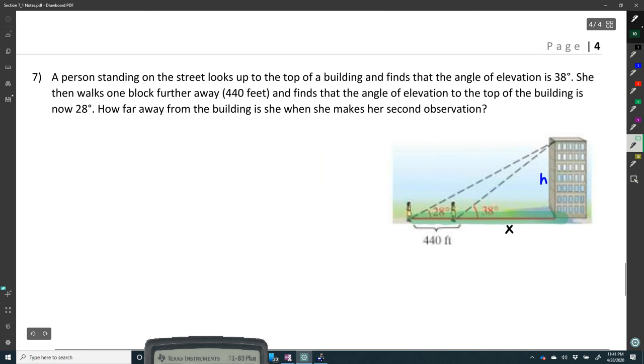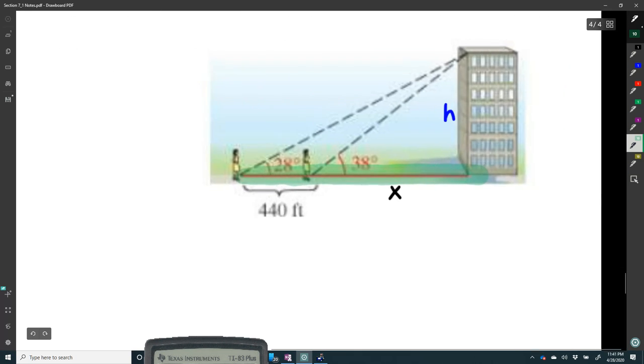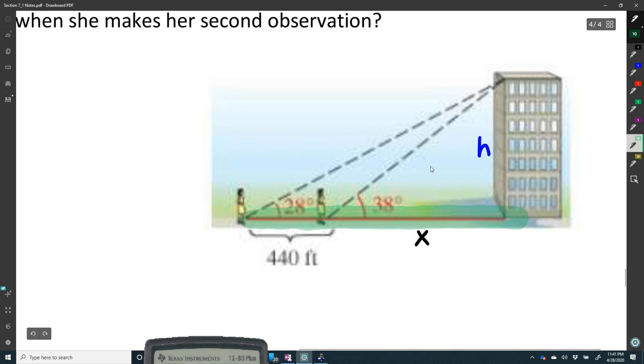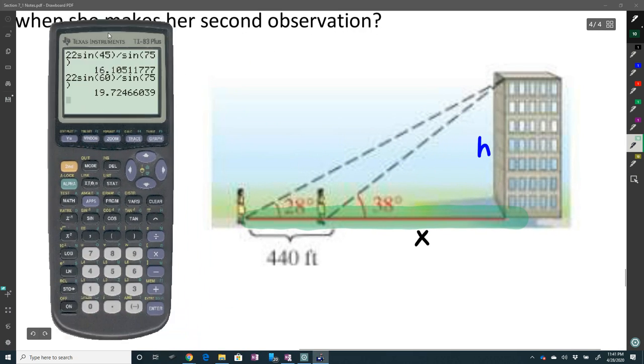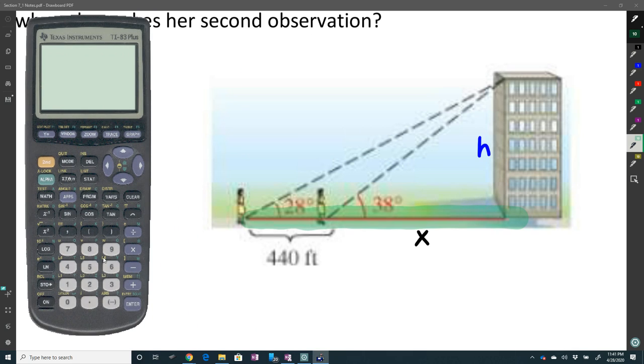All right, so because of that, let me zoom in again. I know my angles, so let's figure out my angles. 180 minus 90 minus 38. So the inner one is 52. It's kind of hard to write really small.